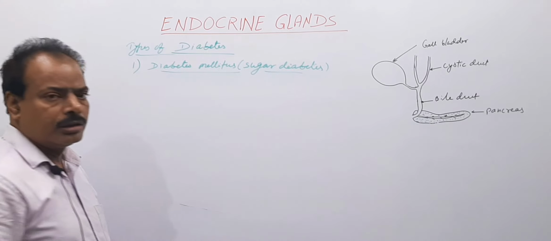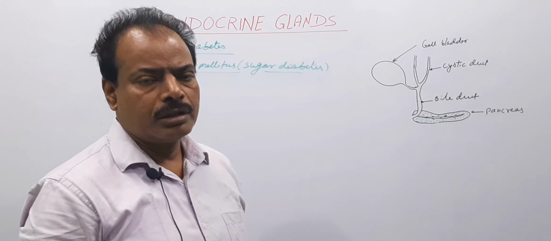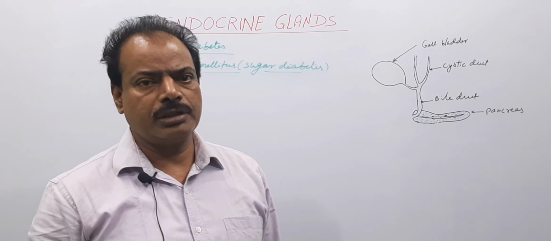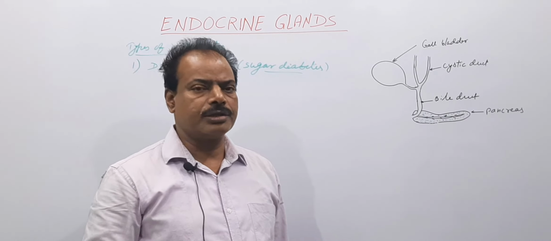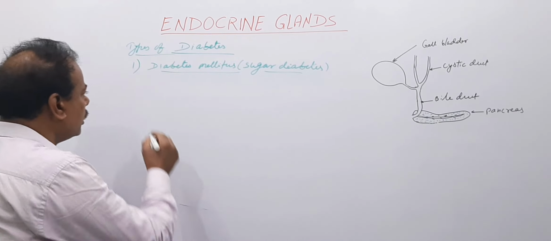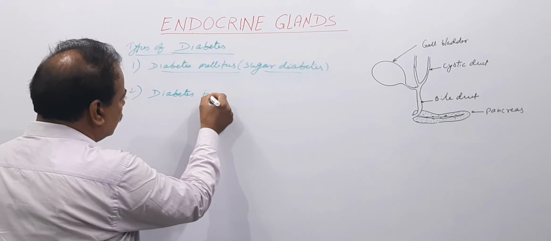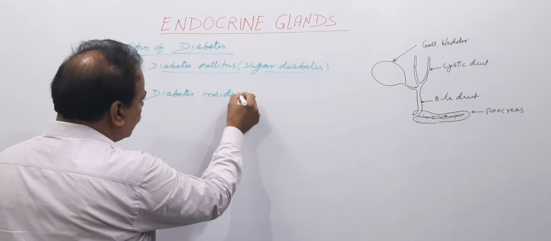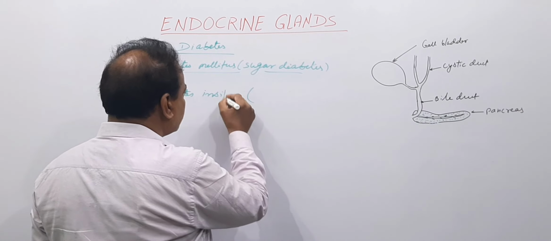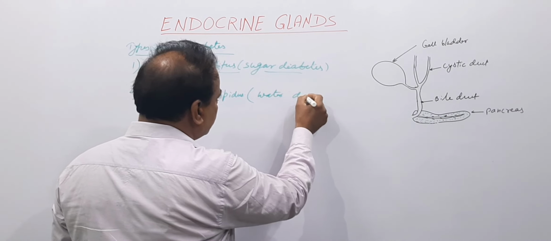The major symptoms of diabetes mellitus are number 1, hyperglycemia, number 2, loss in body weight, number 3, the person feels thirsty, and number 4, urine is loaded with sugar or glucose. Now, the second type of diabetes is known as diabetes insipidus, and it is known as water diabetes.